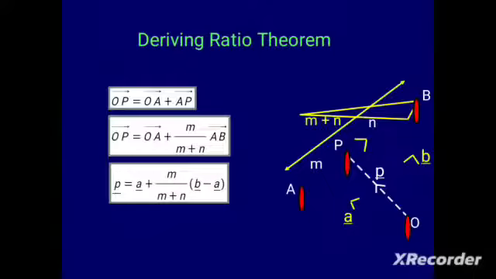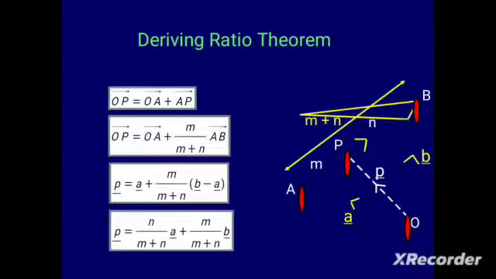Vector AB is the same as B minus A. So that is what we have.